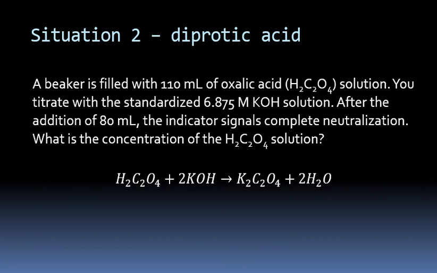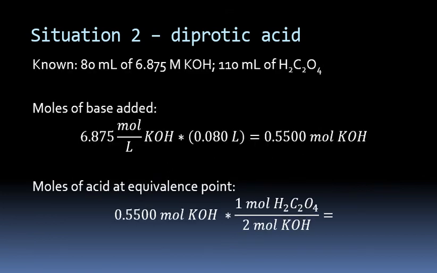Now we're going to calculate the concentration of our oxalic acid solution. And pretty straightforward. The first calculation is the exact same because calculating the moles of base, well, our concentration of base was 6.875 and we used 0.08 liters. That's what was added from the burette.